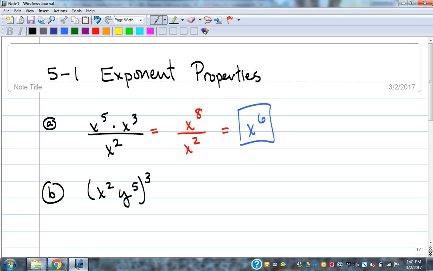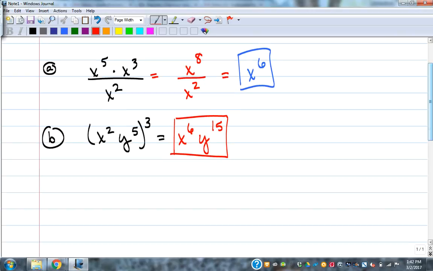It's multiplying. 3 times the 2, 3 times the 5, which would give us x to the 6th, y to the 15. If there were a number in here, you would raise that number to that power. So if there were a 2 in there, it'd be 2 cubed, which would be 8. That's what we need to do with that. So anything in parentheses with an exponent outside, you're going to multiply the exponents.